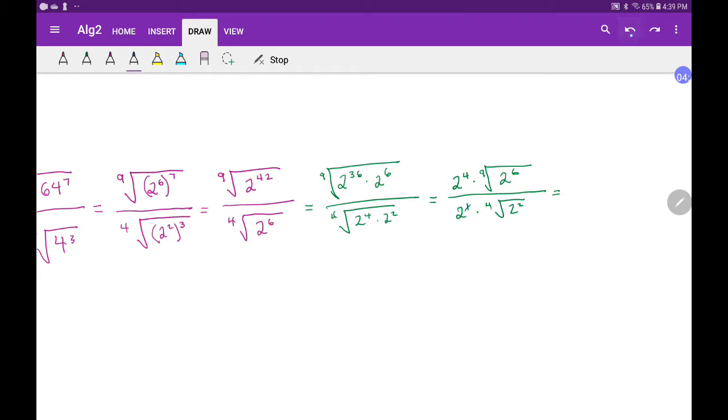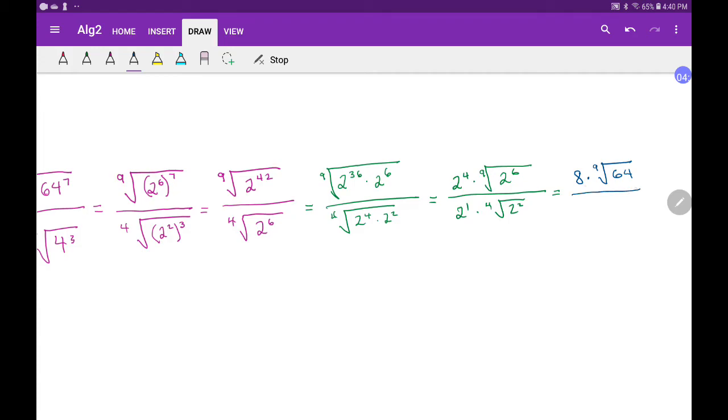I don't think I want to get rid of that. But so I have 2 to the 3 on top, which is 8, times the ninth root of, what's 2 to the sixth? Well, that's 64. That's 64 that got trapped inside. You'd think, but I'm looking for groups of 9 2's, and that's just not enough.